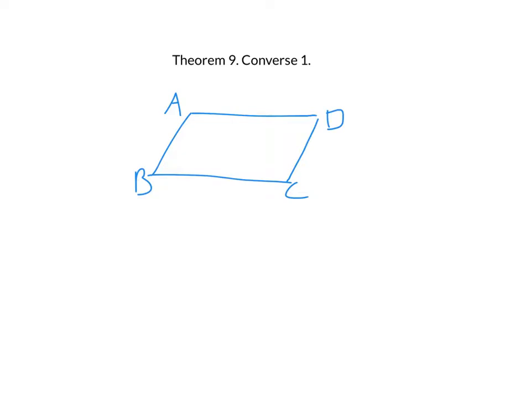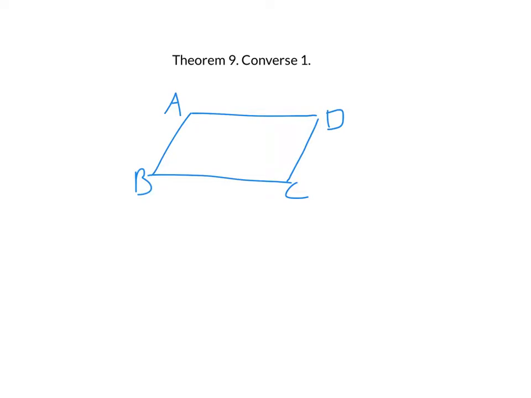Now we move on to the first converse to Theorem 9, which says that for any quadrilateral, or any four-sided shape, if opposite angles are equal, like for example the angles A and C, then this shape must be a parallelogram.